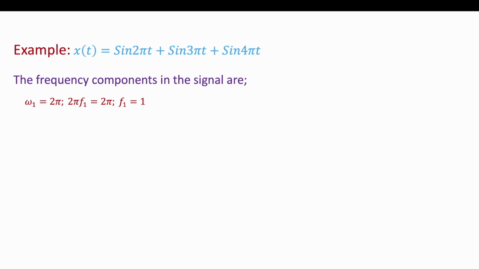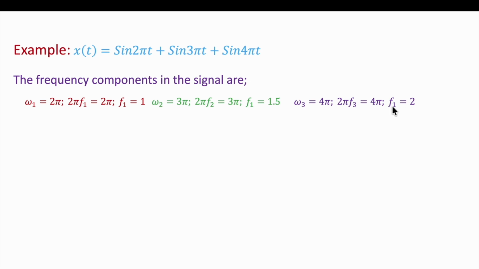So you can equate them together: omega 1 equals 2 pi, and in place of omega 1 you can write 2 pi f1, so 2 pi f1 equals 2 pi. The 2 pi will cancel, and the remaining is f1, which equals 1. Similarly, for sine 3 pi t, omega 2 is equal to 3 pi, and using the same formula, 2 pi f2 equals 3 pi, so f2 equals 1.5. Now for the third component, omega 3 equals 4 pi, so 2 pi f3 equals 4 pi, or f3 equals 2.